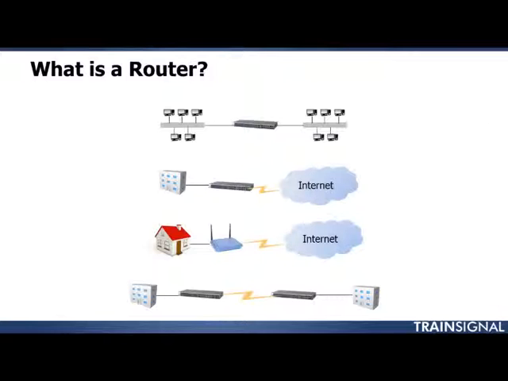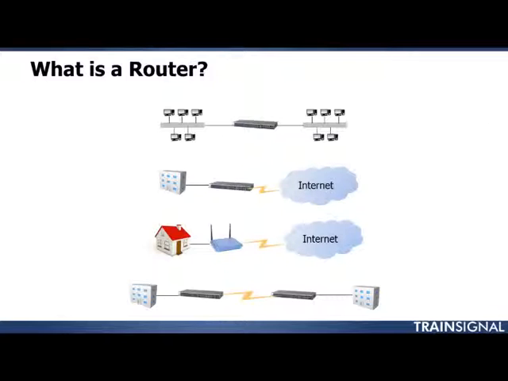But let's say in your own local area network, in your own office, you have more computers than you care to have on a single network. You want to have some kind of division. Well, you can divide them into different logical networks with the IP addresses, and then implement a router to make the physical connectivity from a computer with one network ID to a computer with another network ID.